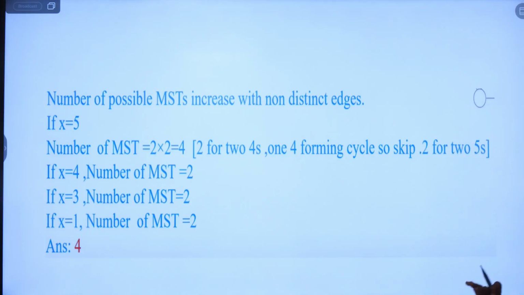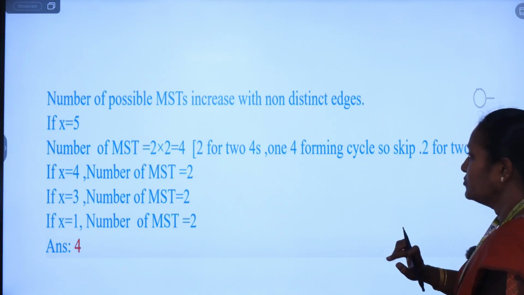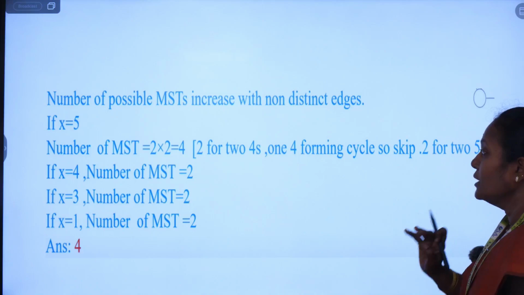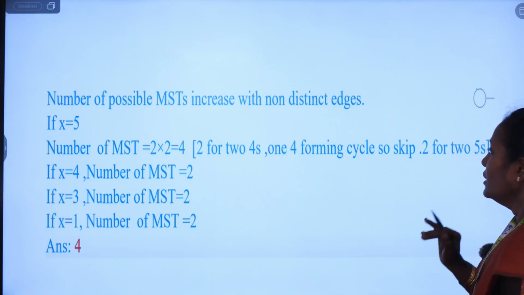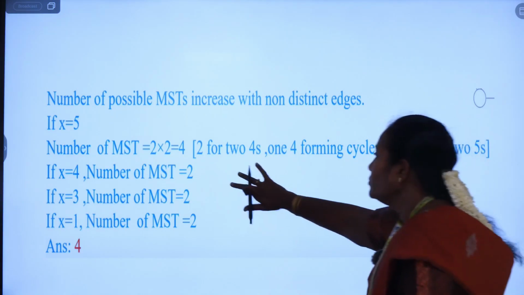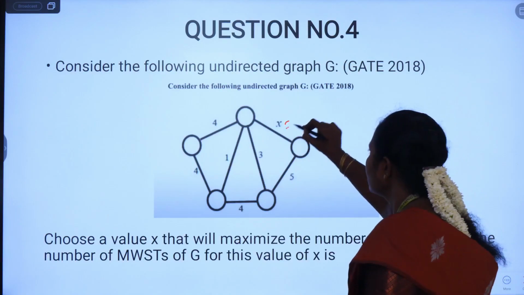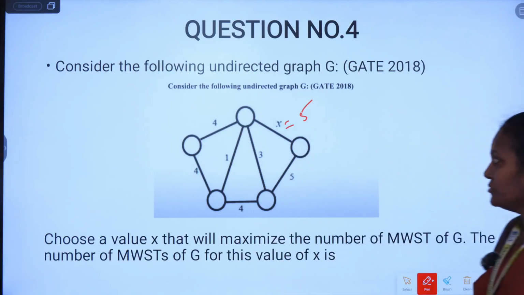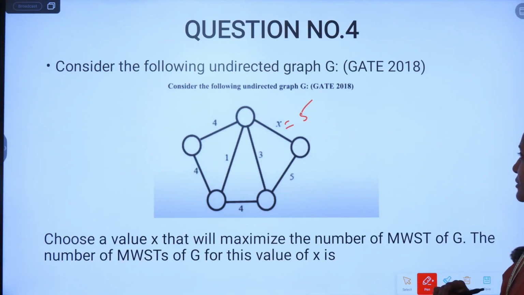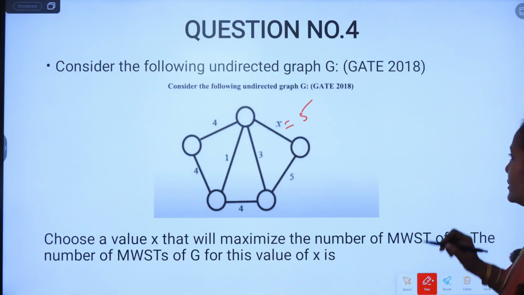The number of possible minimum spanning trees increases with non-distinct edges. If we are choosing X equal to 5, what is the number of minimum spanning trees for X equal to 5? What are the possible minimum spanning trees we have?